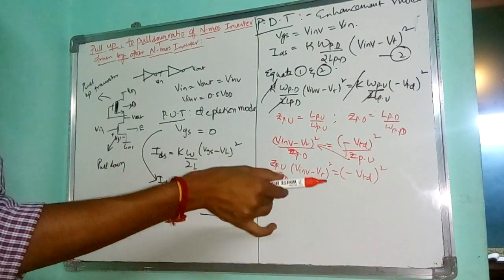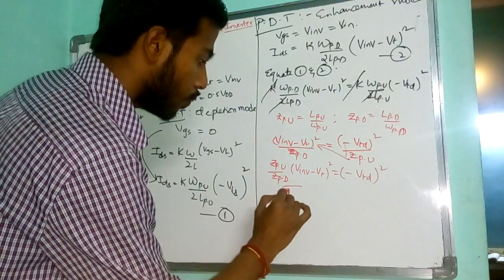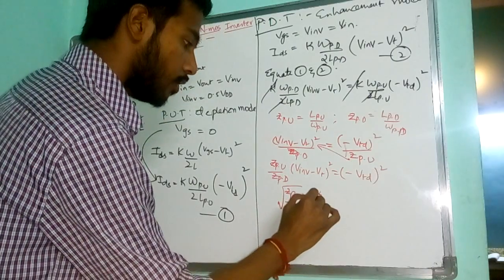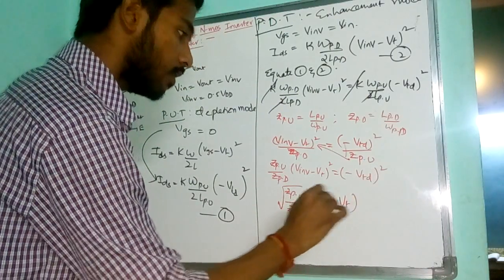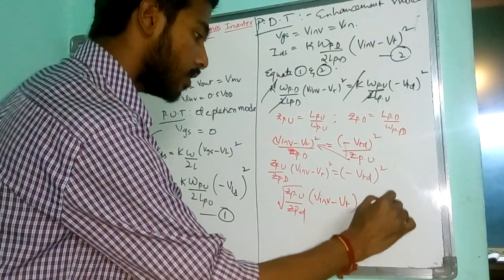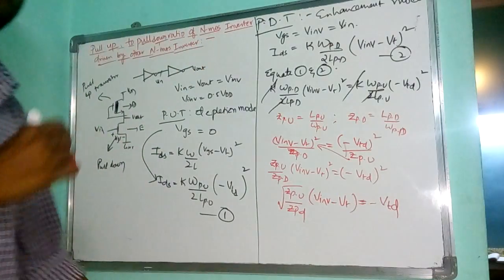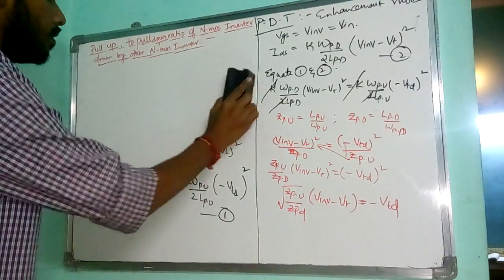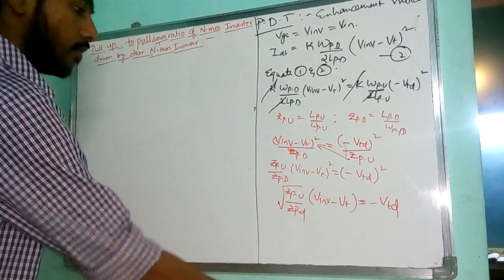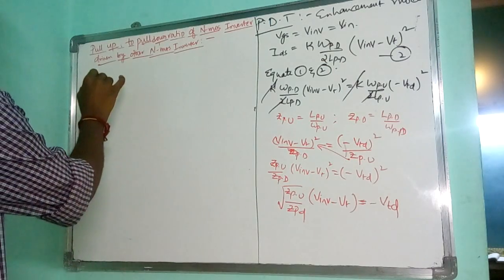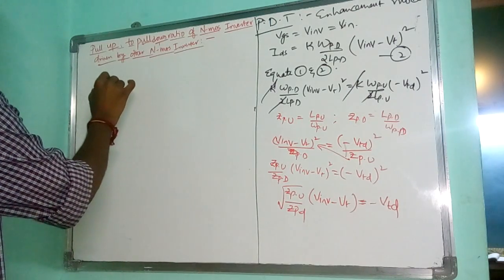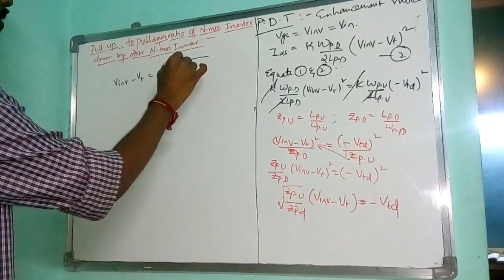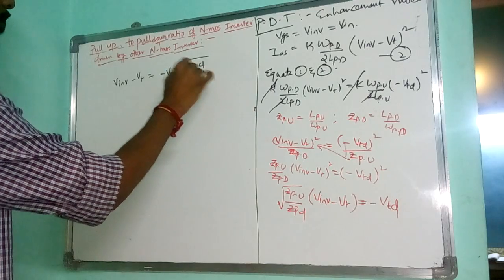Now take roots on both the sides. We have root ZPU by ZPD into V inverse minus VT is equal to minus VTD. Right? Now this becomes V inverse minus VT is equal to minus VTD into under root ZPD by ZPU.